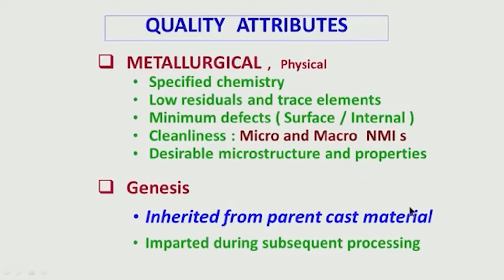So, this is very, very important, and in this particular session, as I had mentioned earlier, I am covering only this. That means whatever quality attributes are getting generated from the parent cast stage, these are being covered in the present session. I have also talked about certain quality attributes which are imparted during subsequent processing.